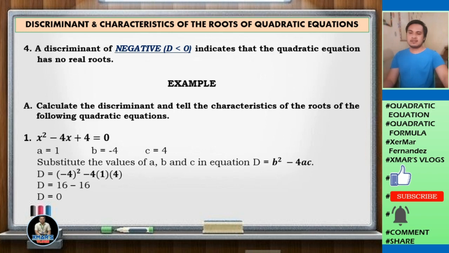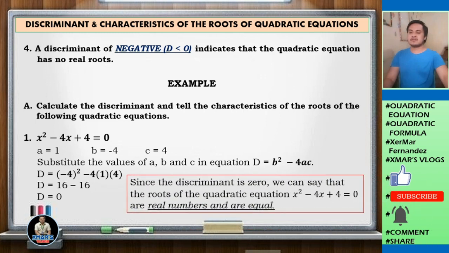Now, recall, what is the characteristic of the roots of the quadratic equation if the discriminant is 0? Since the discriminant is 0, we can say that the roots of the quadratic equation x squared minus 4x plus 4 equals 0 are real numbers and are equal.